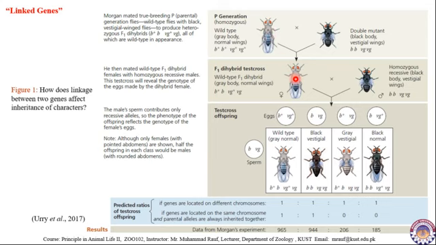Now in the second experiment, he did not cross the F1 hybrids with each other, but he crossed the F1 hybrids with the homozygous recessive parent. Now a question arises: why did he not cross the F1 hybrids with one another? Because he wanted to study the inheritance of these two alleles.